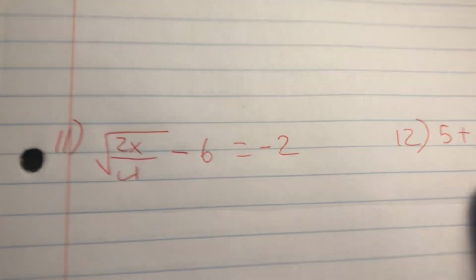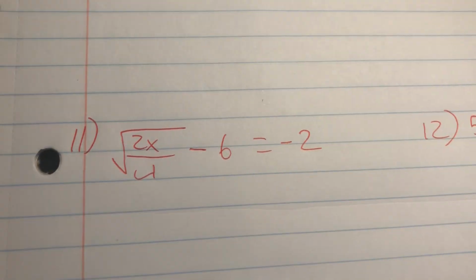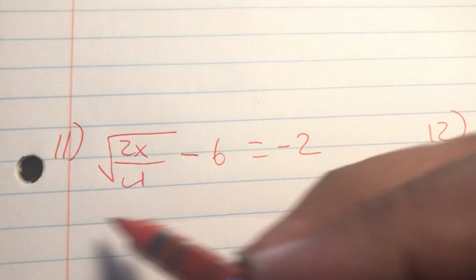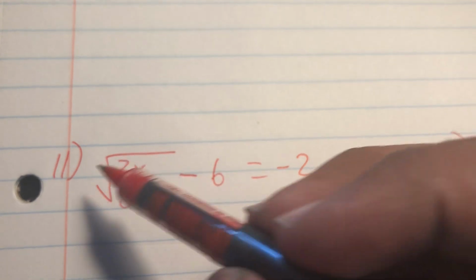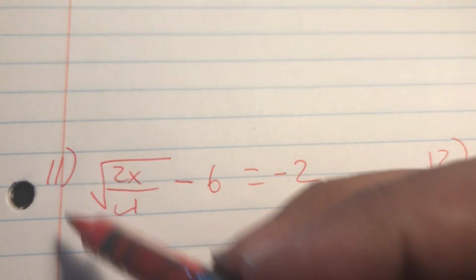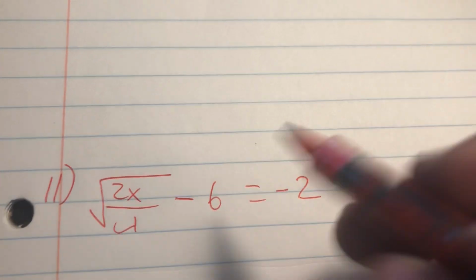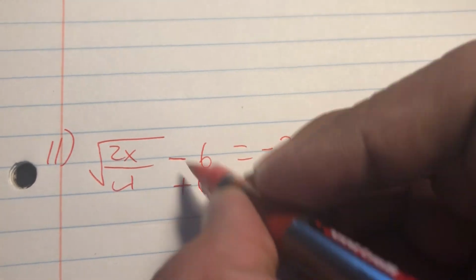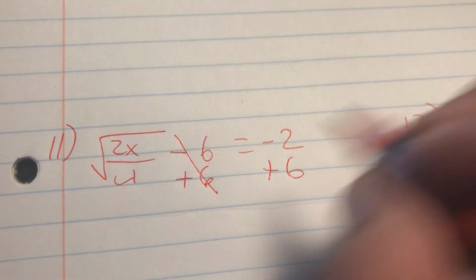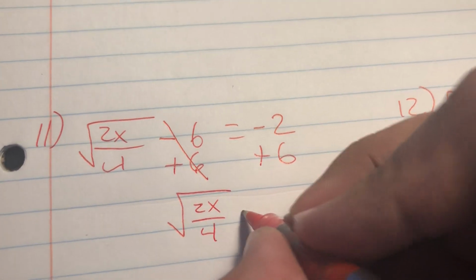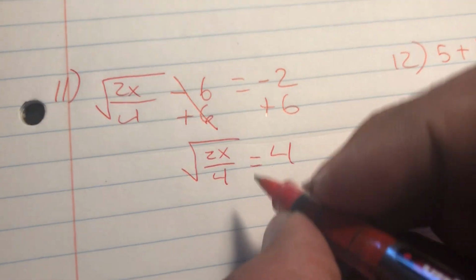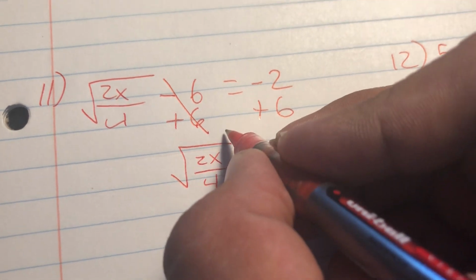Now we're going to go here. Now we're trying to leave the x by itself. Now we can't do anything inside of this radical until we get rid of the radical. But we can't even get to the radical until we get rid of everything around the radical, which is this minus 6. So we're going to add 6. We're going to be left with radical 2x over 4 equals 4. Then we're going to get rid of this by squaring.